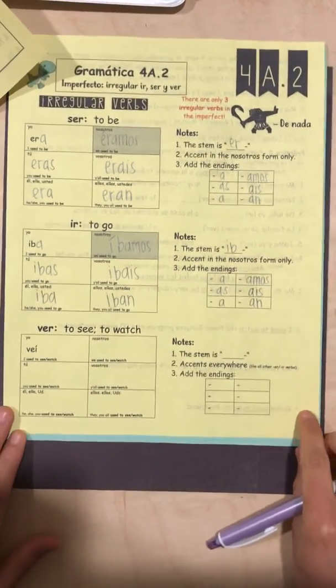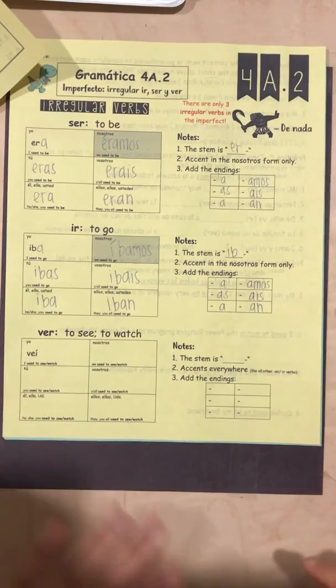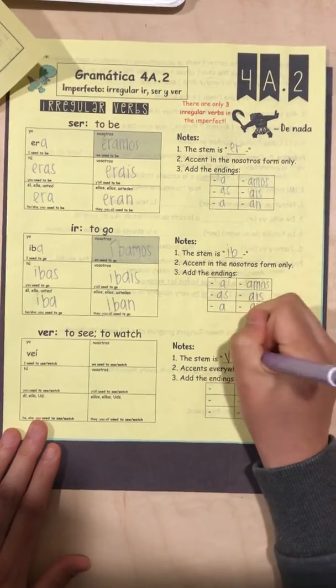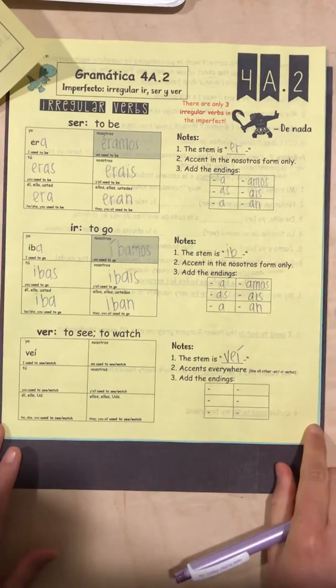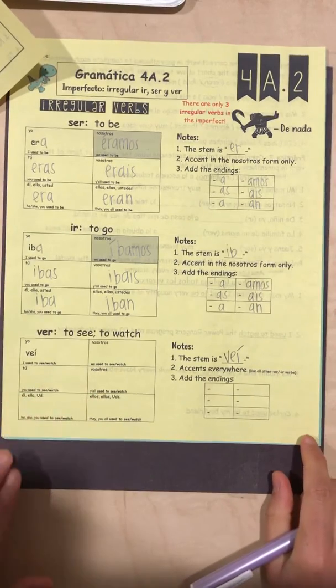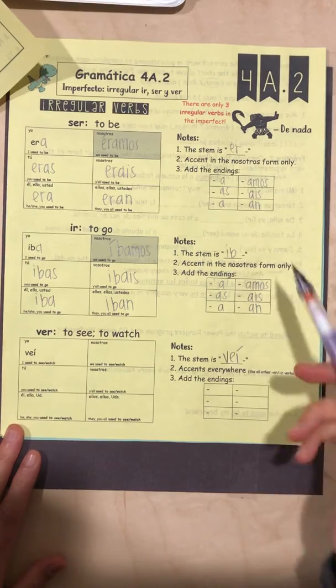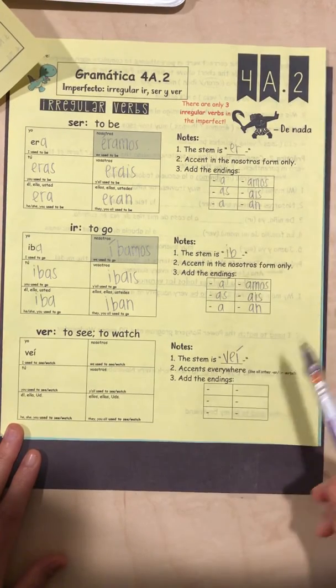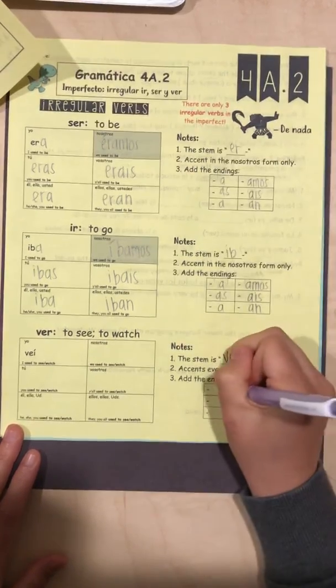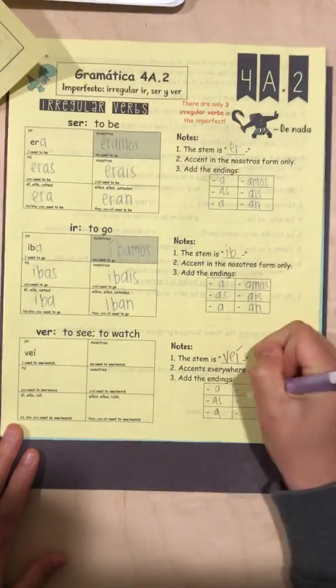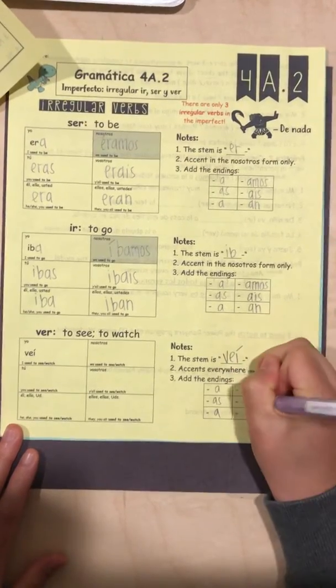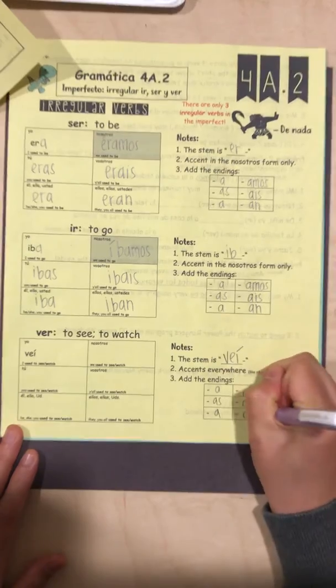And finally, the stem of the verb ver, to see, to watch, the stem is vei. There is an accent over the I in all the forms. Now, the endings are exactly the same as ser and ir and AR verbs and ER verbs and IR verbs. So, a, as, a, amos, ais, an.